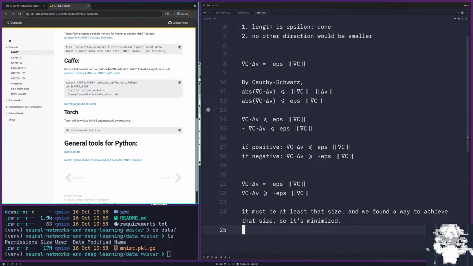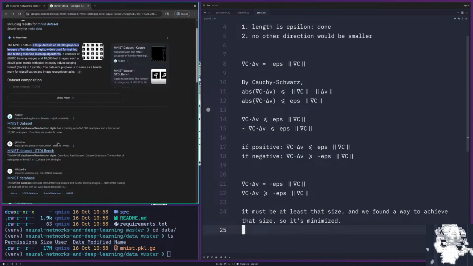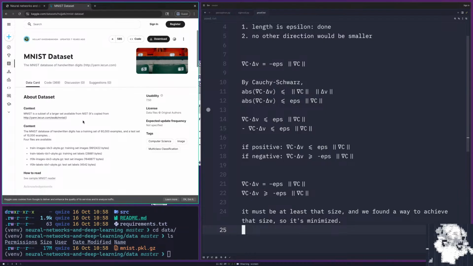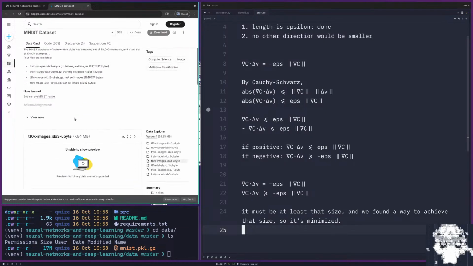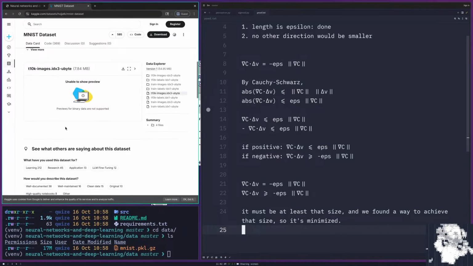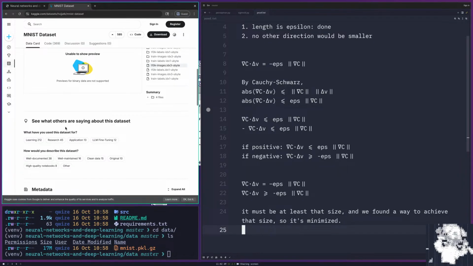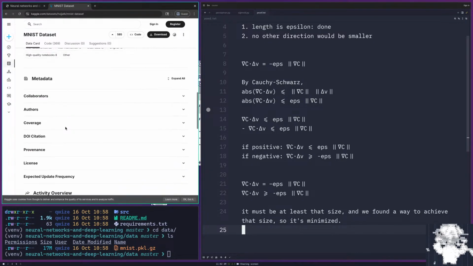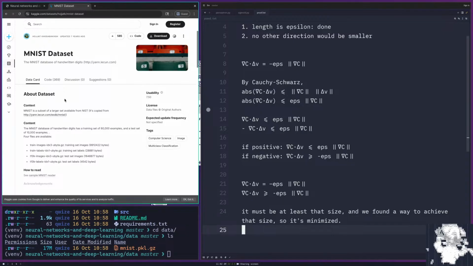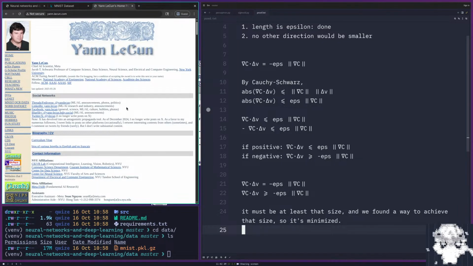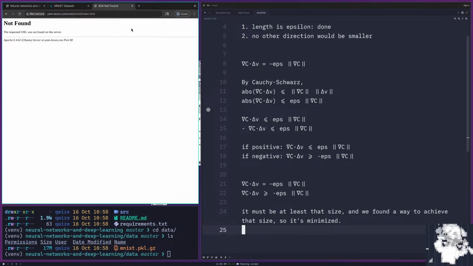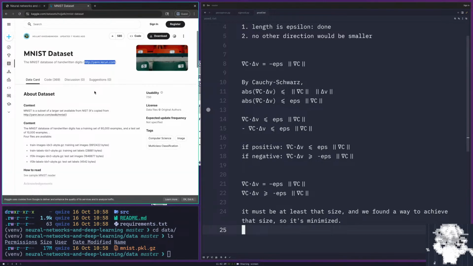But I don't know what's the main way that people get it, and what's the main format and stuff. Not found on Yann LeCun's website.